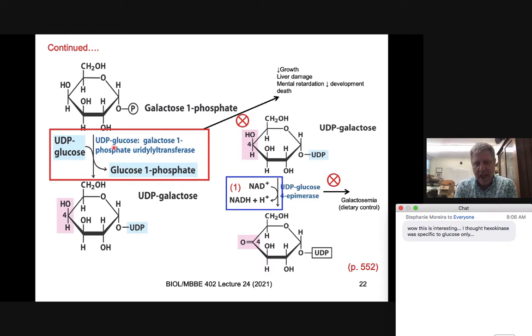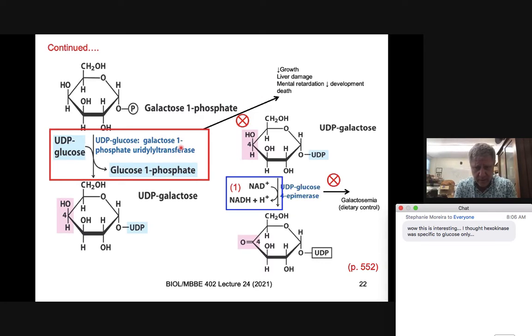Because if we don't have that, we're going to see an increase of galactose 1-phosphate and not be able to produce the glucose 1-phosphate. So we're not so concerned about the glucose 1-phosphate. It's the concentration increase of galactose phosphate and the backup of the metabolic pathway. We see a decrease in growth, liver damage, mental retardation, and usually death by the inhibition of this particular enzyme.